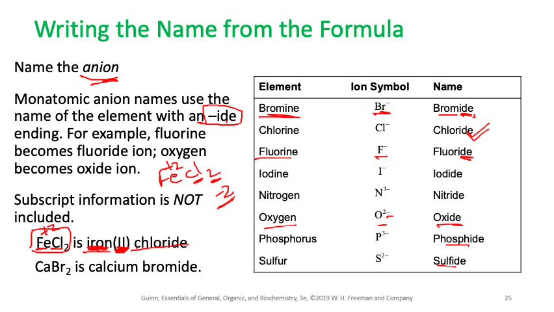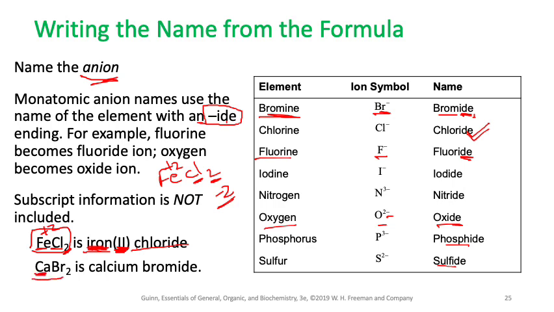The other important thing, whenever you write the name for any ionic compound, you don't need to worry about how many atoms you have, whether for the cation or the anion. You don't write 2 chloride, 3 chloride, 5 chloride. You don't worry about the number of metal or non-metal. You just write the name of the metal and then the name of the non-metal that ends with IDE. For example, calcium and Br2.